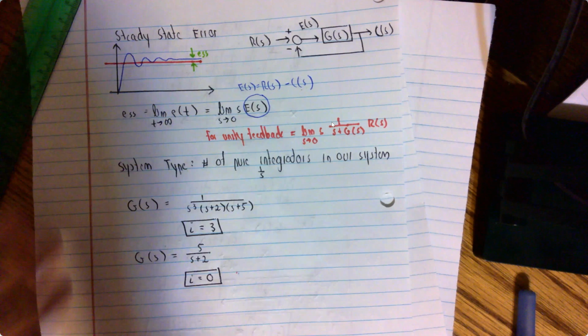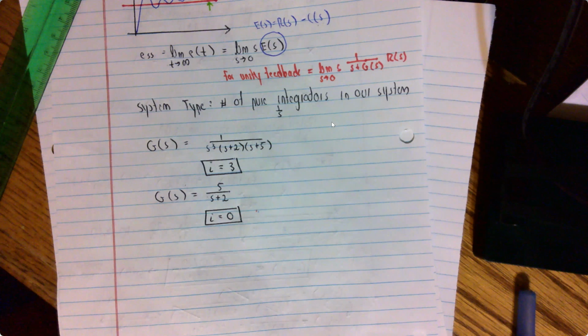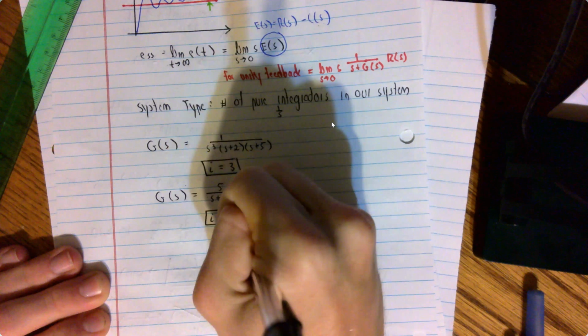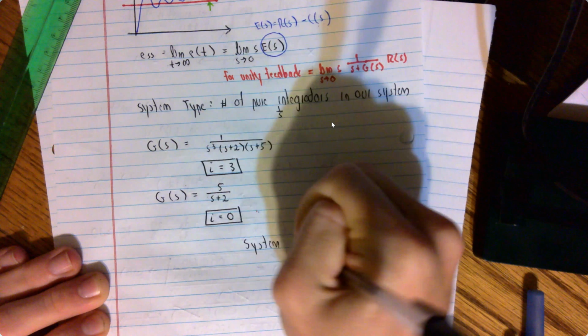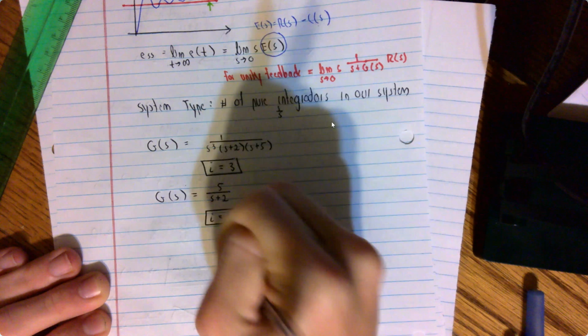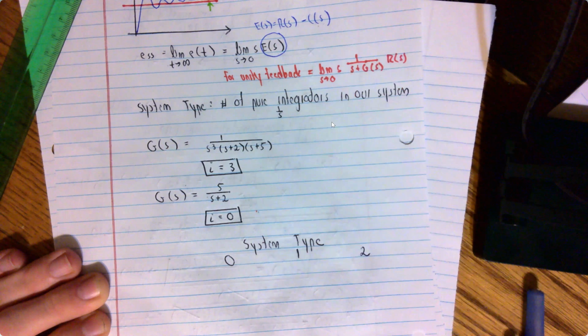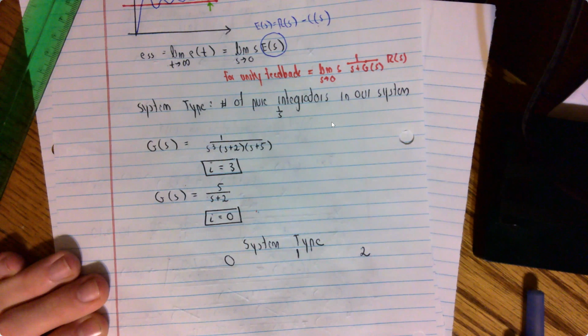So we're going to get a chart, basically, that tells us for the unity feedback system, what is the steady state error. And so within our chart, we'll basically have the system type, which is going to be 0, so no pure integrators, 1 pure integrator, or 2 pure integrators. And then we're going to have the type of input we're going to have.